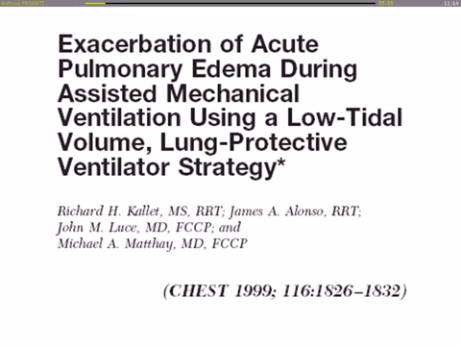You know that in the US, assist control mode is very common. It means the patients are not paralyzed and they can make spontaneous effort during controlled mechanical ventilation to trigger the ventilator.